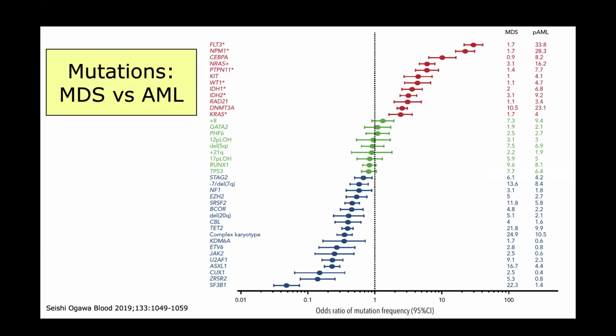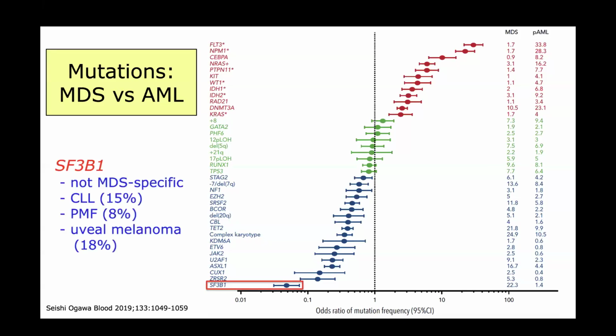And of course, we recognize FLT3, NPM1, CEBPA, and others that are much enriched in AML, but not in MDS, whereas in particular, the spliceosome genes in blue at the bottom are more enriched in the myelodysplastic syndromes, with SF3B1 perhaps as a singular gene being most associated with MDS.